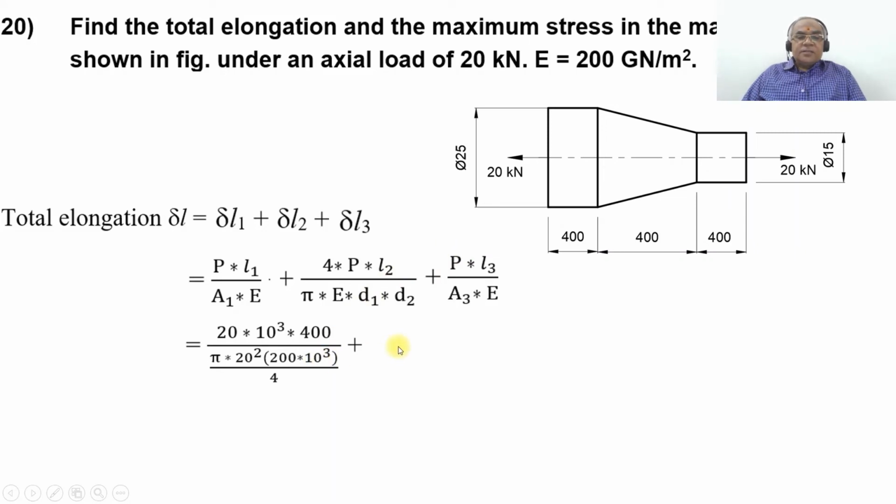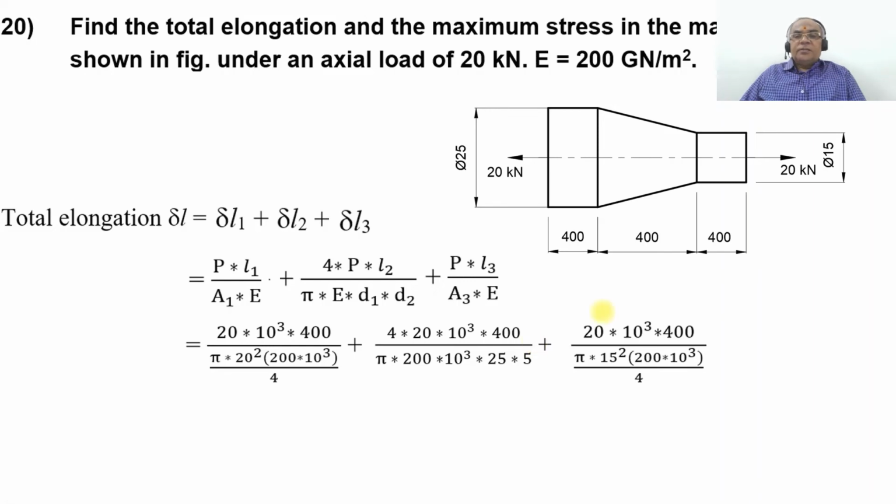Then you have plus 4 into P, again 20 into 10 to the power of 3, into L2, which is 400, divided by pi into E, 200 into 10 to the power of 3, into 25 as D1 and 15 as D2, plus P into L3, which is 400, divided by pi into 15 square by 4 into 200 into 10 to the power of 3.